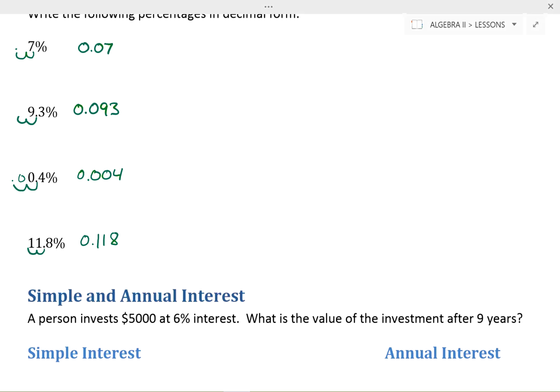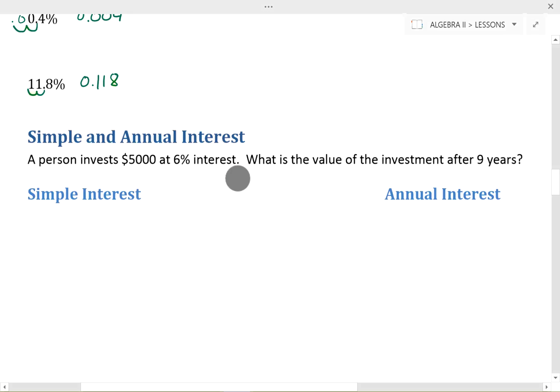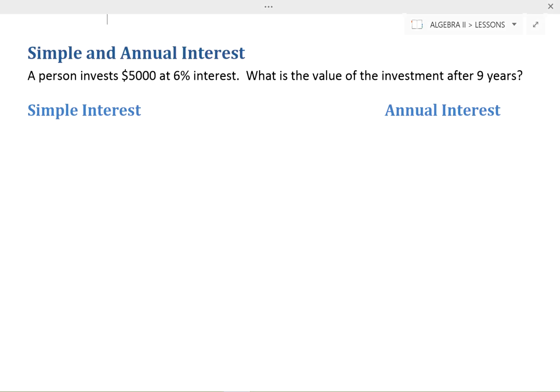What I'd like to take a look at first is an example to compare and contrast simple interest and annual interest. Okay. From the equations you wrote down, simple interest, if you remember, is A equals P times (1 plus RT).